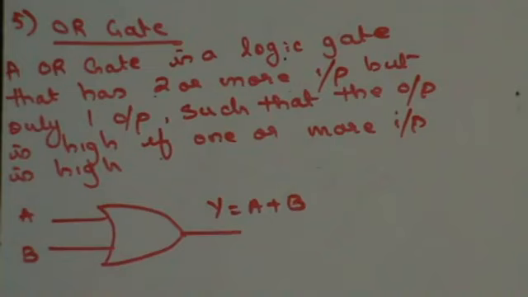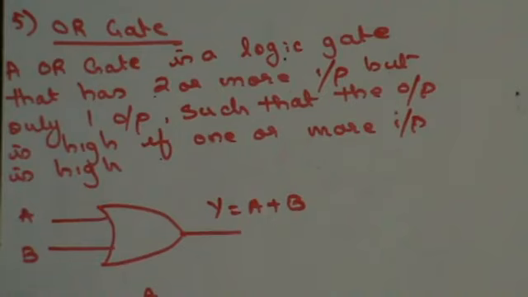So the circuit diagram for this is a parallel circuit having two switches A and B connected in a circuit. Supply, resistance, and here you would have a filament, right? So here this is A B, this is my output Y, right?